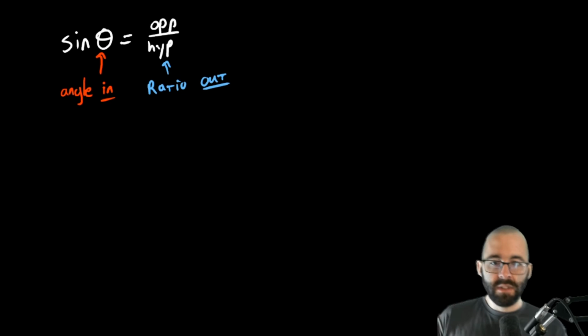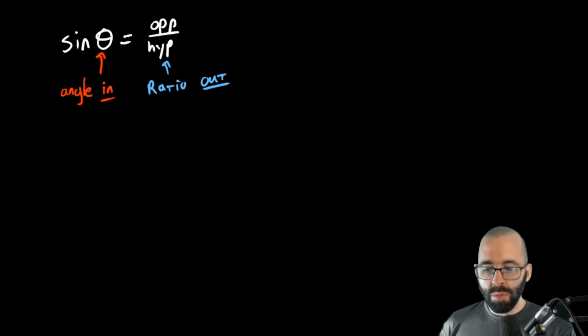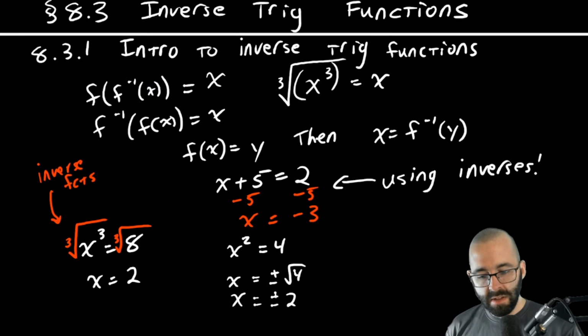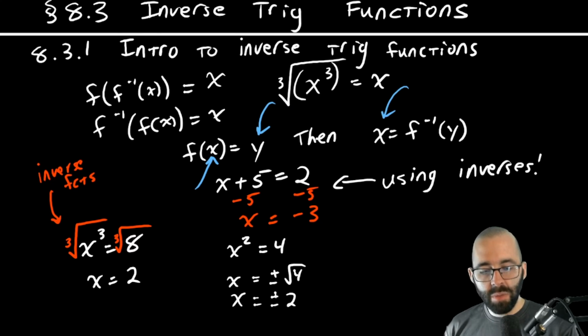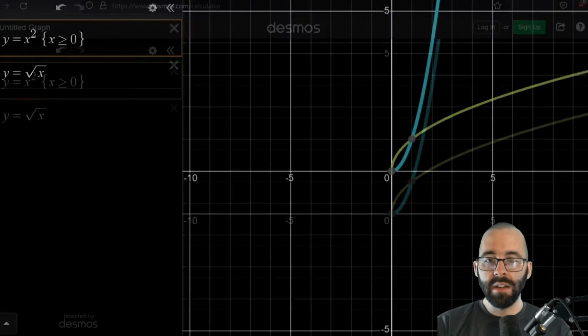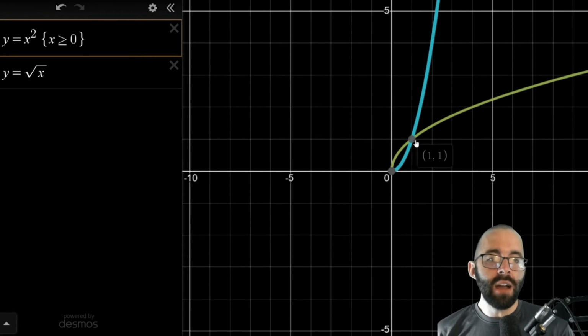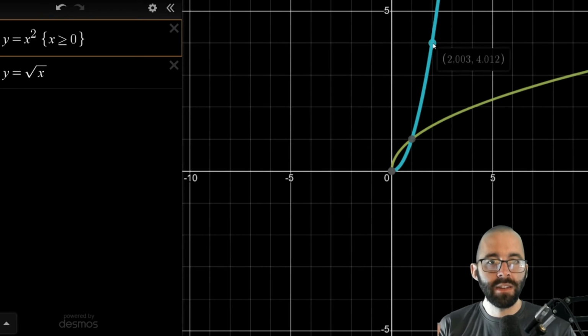With inverses, inverses are all about switching inputs and outputs. If I plug x into a function and I get out an output of y, that's the same as an output of x with an input of y for the inverse function. In fact, when you're graphing, one way that you can graph an inverse function is literally just switch all the x and the y coordinates.